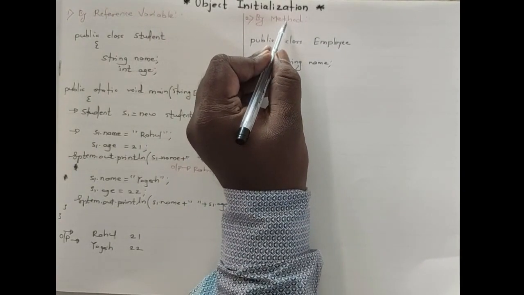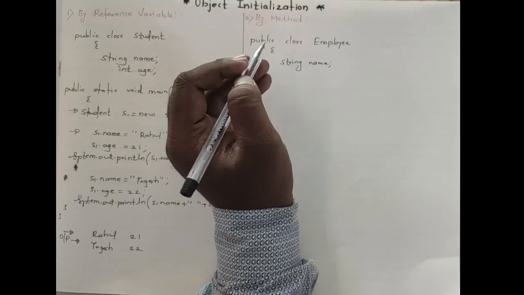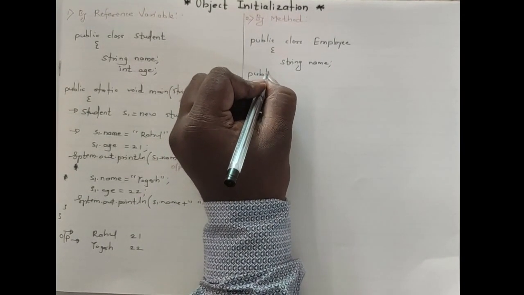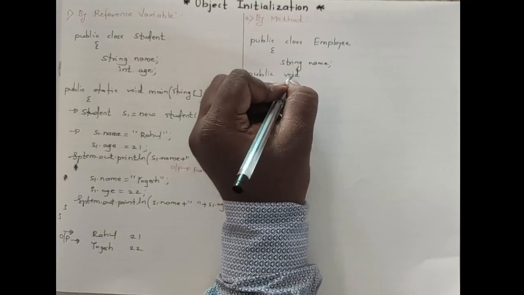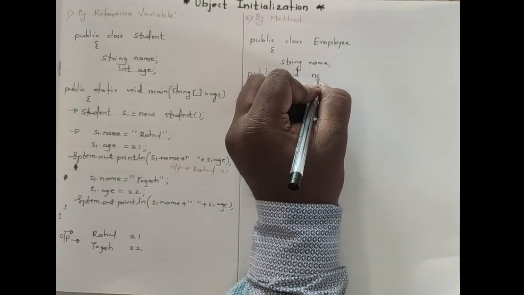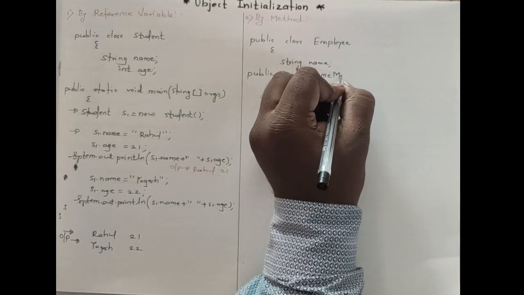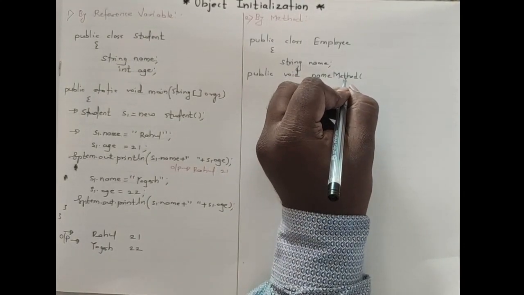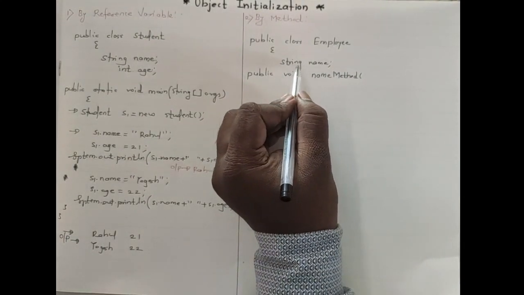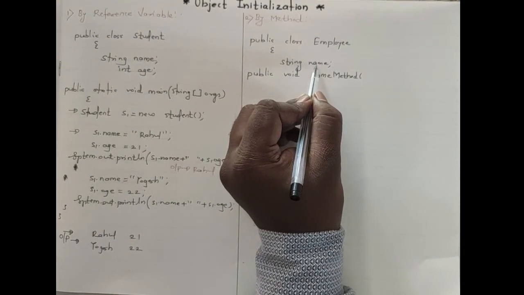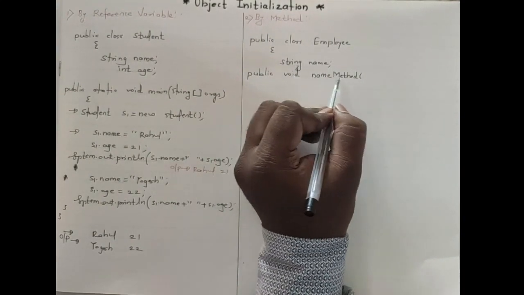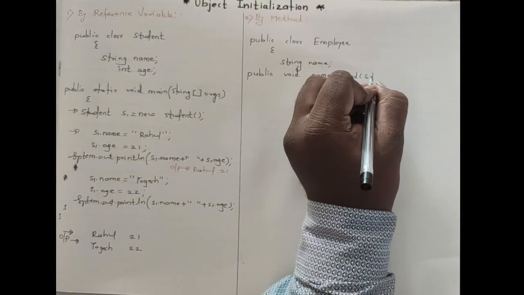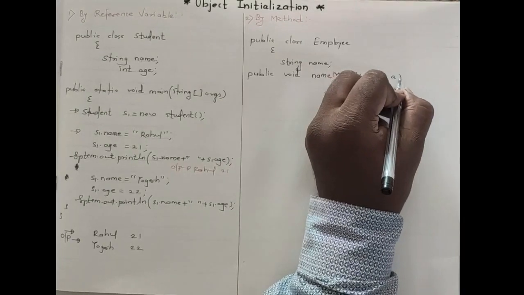Then by using a method, it means that we need a method here. So here I am defining a user defined method, public void name method. I am giving the method name as name method, keep in mind. Here I have already declared a variable having a String data type, so inside the method parameter I need to pass that, that is String a.